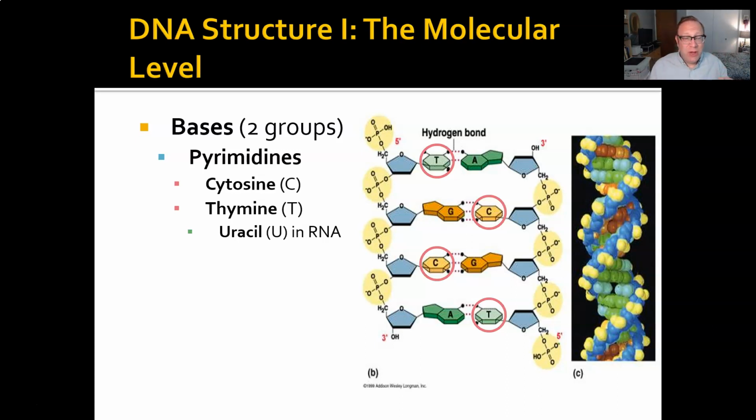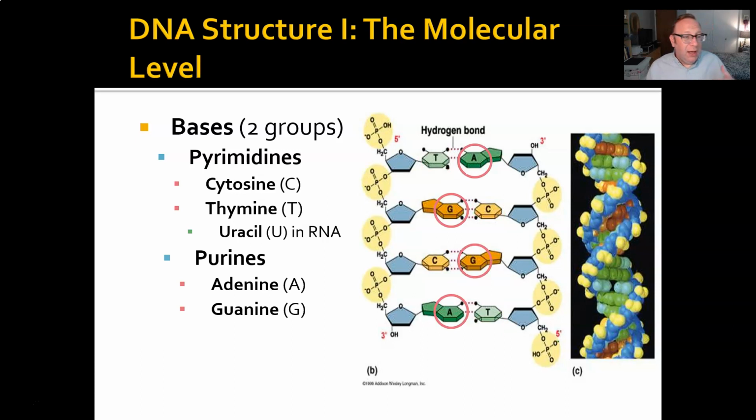RNA uses the same code except for one exception. Thymine is replaced by uracil. There is no thymine in RNA. So, next we have the purines, and they are represented by adenine, which is A, and guanine, which is G.